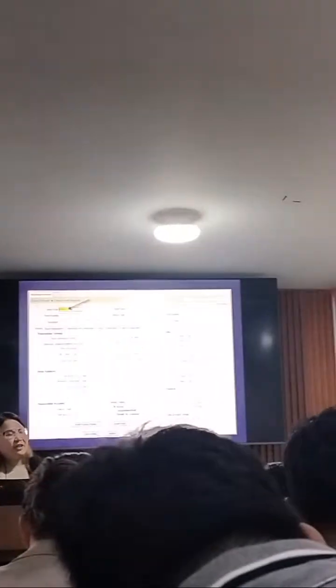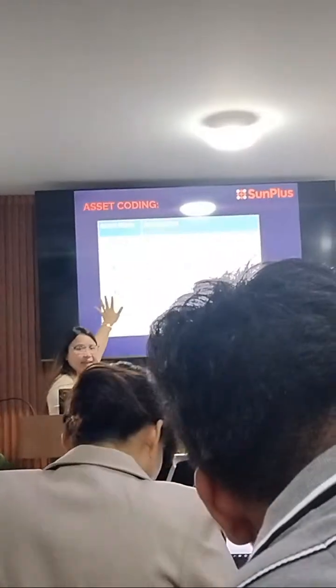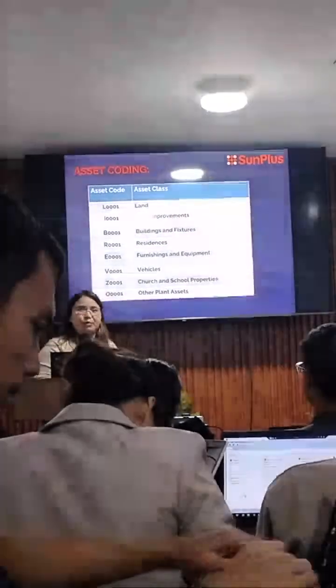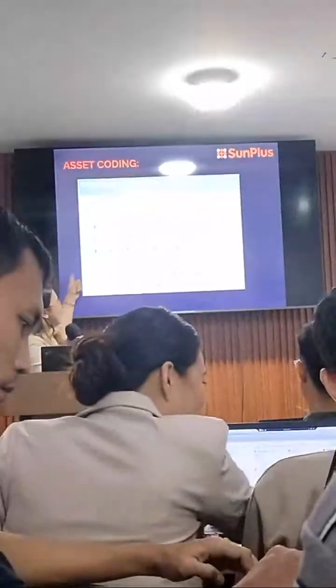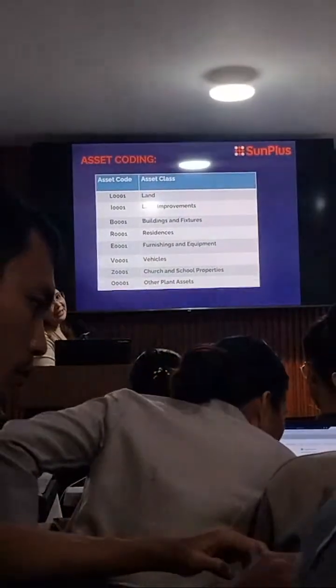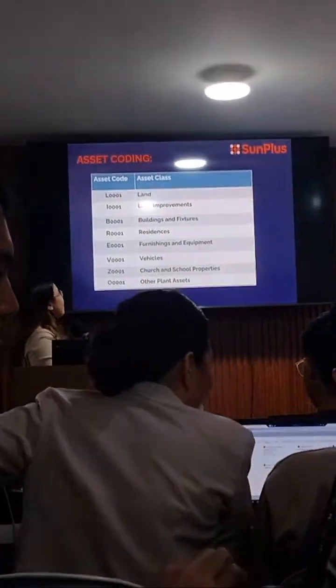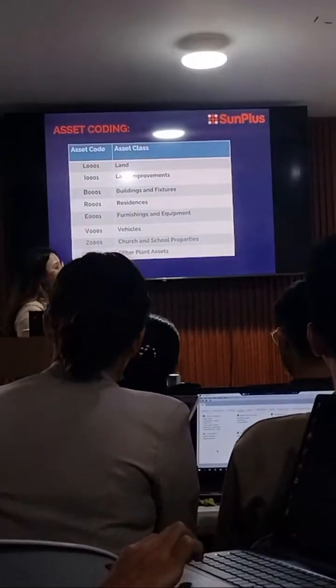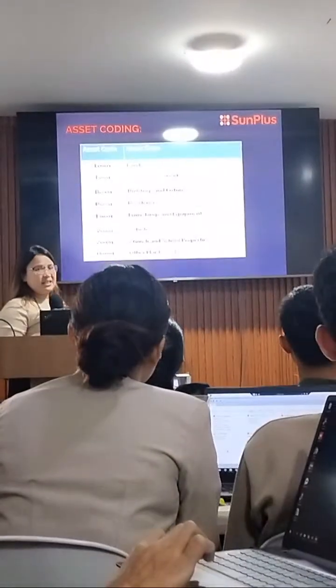Tignan natin tong coding natin. L is for land. I for land improvements. B, buildings and building improvements. R for residences. Anong difference ng buildings and fixtures sa residences?